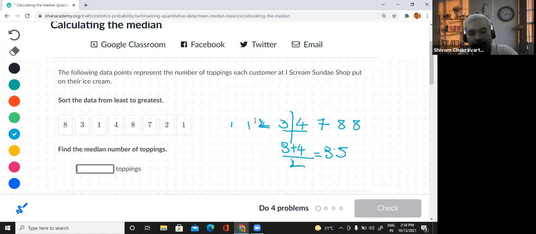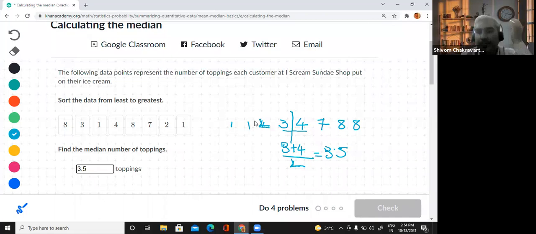Okay. Now suppose it was an odd number of values. Suppose this last 8 was not there. To make it odd, 1, 1, 2, 3, 4, 7, 8. Then there would be only 7 values from here to here.